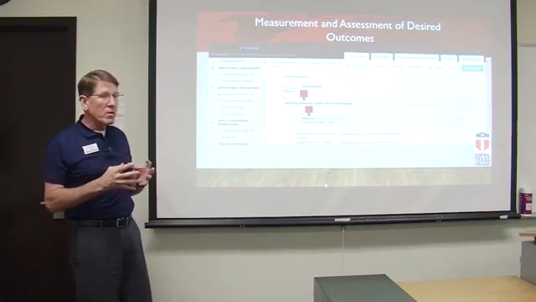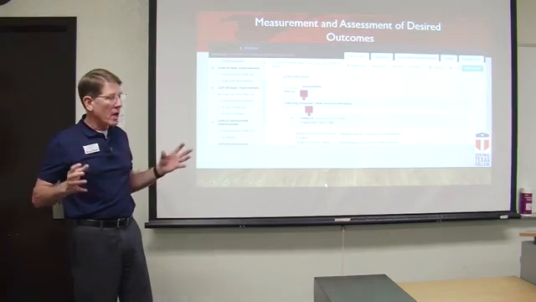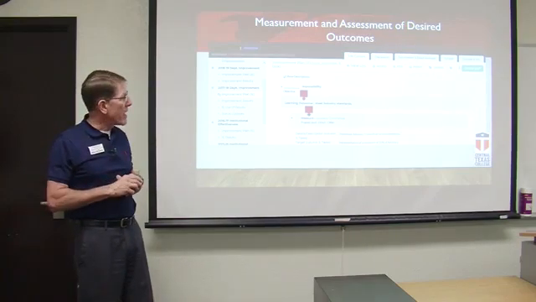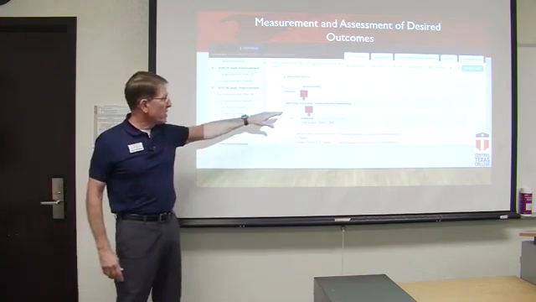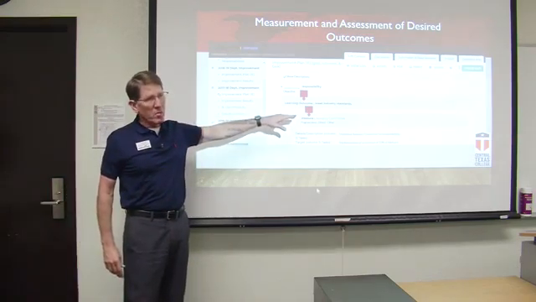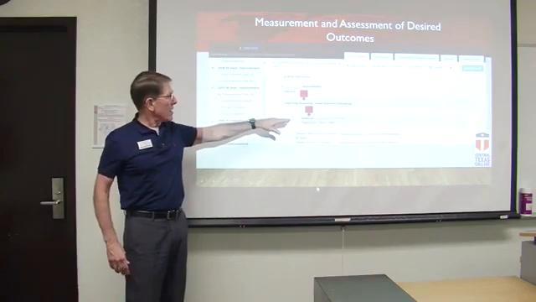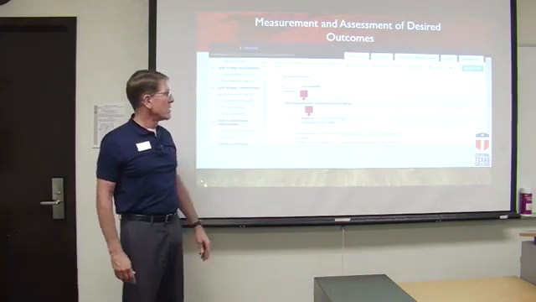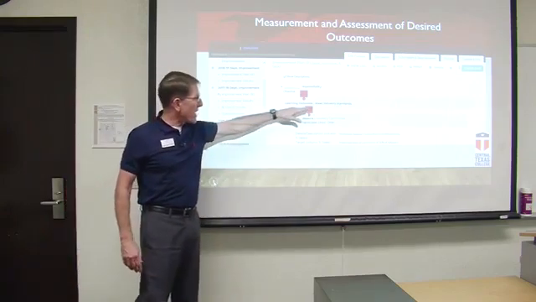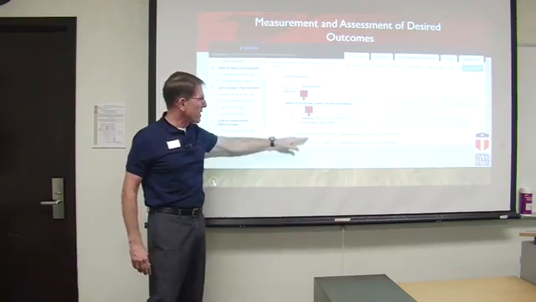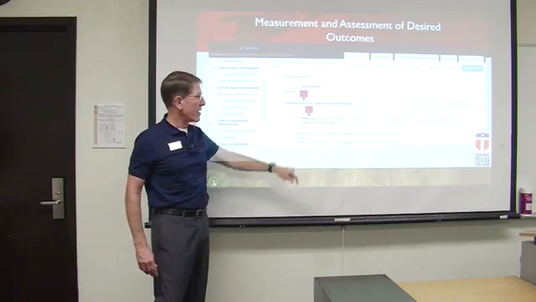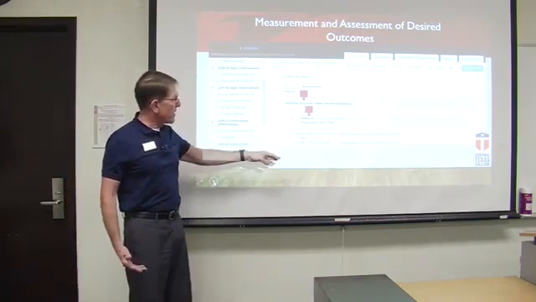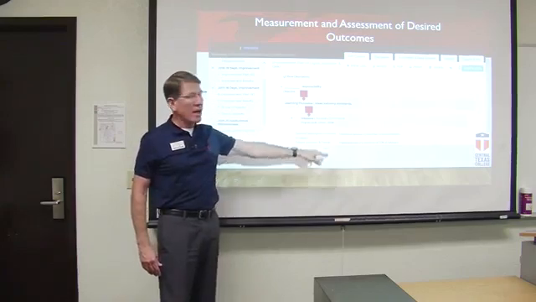So when you meet with your faculty or when you meet with your departmental representatives and you're coming up with these outcomes, make sure that these are specific, that they're measurable, that they're achievable, that they're reliable and they're timely. So if this is accurate and this is specific, it's going to be a lot easier to select a measurement method. Okay? In TaskStream, this was the measurement method that they chose, a direct method other.